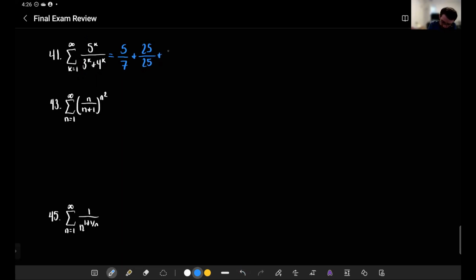When k is 3, this would be 125 over, 3 cubed is 27, 4 cubed is 64, so that's 91 or something. It doesn't exactly matter. The trend you might observe here is this is less than 1, this is equal to 1, this is bigger than 1. And it's probably going to keep getting bigger. So you might think, oh, if the terms are getting bigger, I can just apply a divergence test.